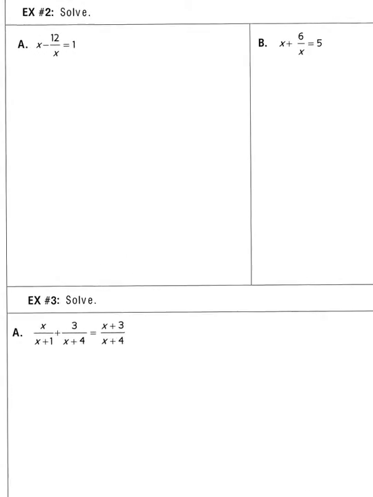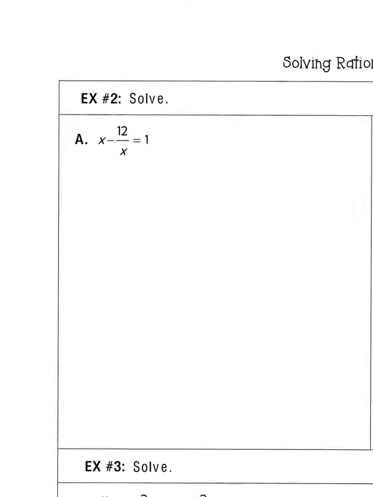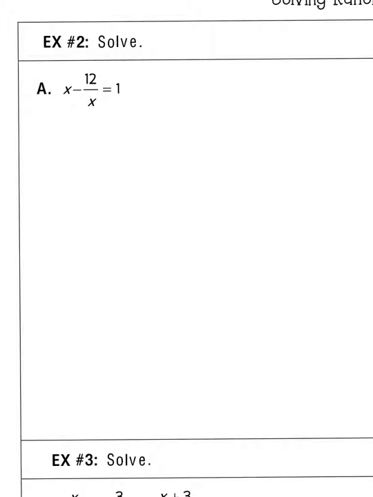All right, so let's look at example 2 and 3. So for example 2, we only have one fraction right here. So this is going to be our LCD. So you still have to multiply every term by the LCD, not just the ones that are fractions.